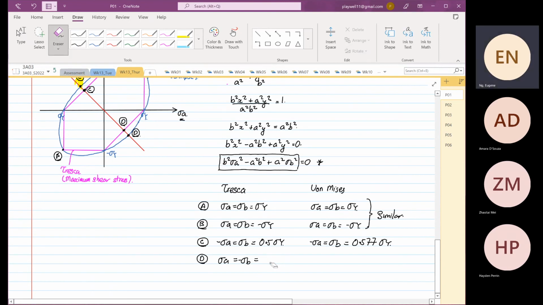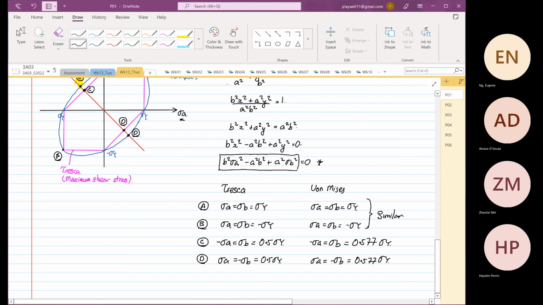It's still 0.5, not minus. And if you look at minus stress A equal to stress B, sorry, stress A is also equal to minus stress B. Now this will be equal to 0.577 stress U. Okay.